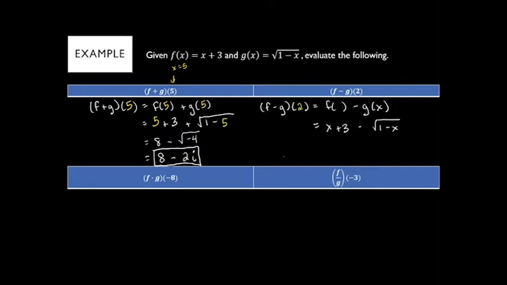So everywhere I see x, I need to replace it with 2. Having a pencil or color coding, something to help you see that function notation is just telling us what am I replacing, and what am I replacing it with. We're replacing x with whatever is in the parentheses.